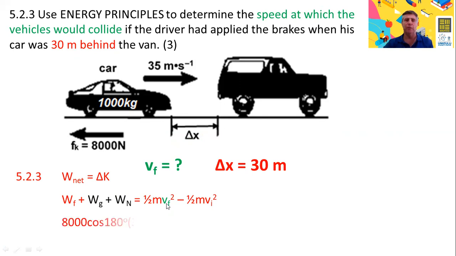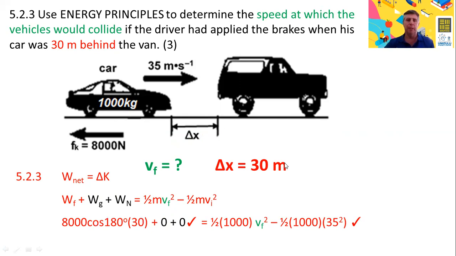And in this case, the final velocity is what we want to calculate. We don't know that. So work done against friction is the frictional force 8,000 newtons, cos 180, because the forces are in the different direction from the movement. Look at those two arrows. So it's 180 degrees. And 30 is delta x. That is all the distance which is available. Then 1,000 is the mass of the car. Final velocity we want to calculate, and 35 is the initial velocity.